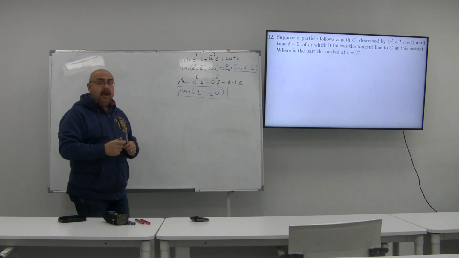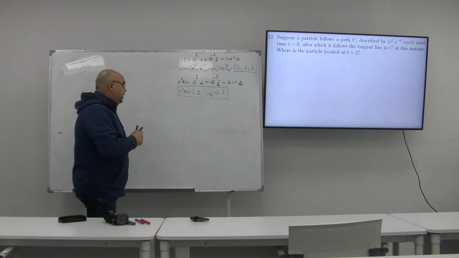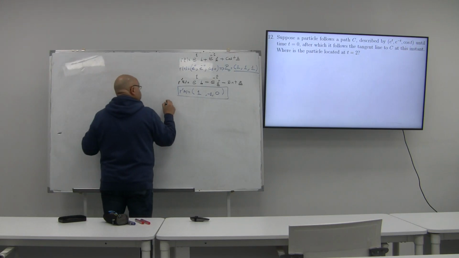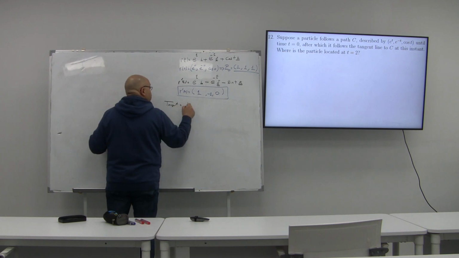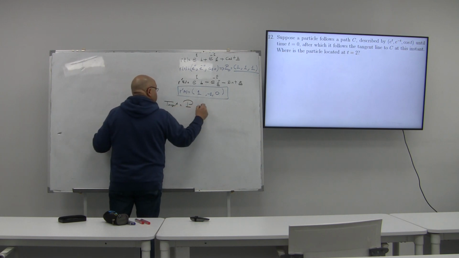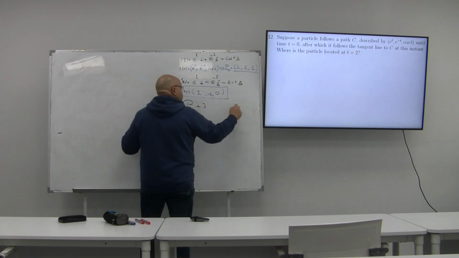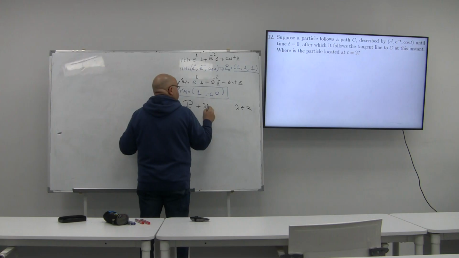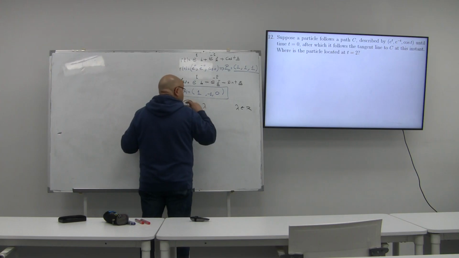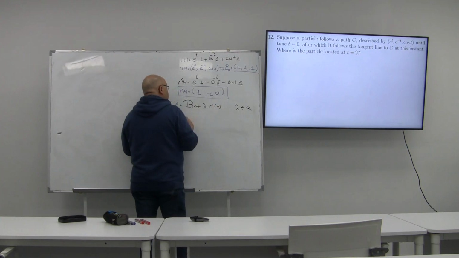And as you know, the parametric representation of the tangent line, so if this is the tangent line, the parametric representation is going to be the point plus lambda, where lambda belongs to R, times the direction vector of this tangent, which is going to be r dash at the point that you are working with.